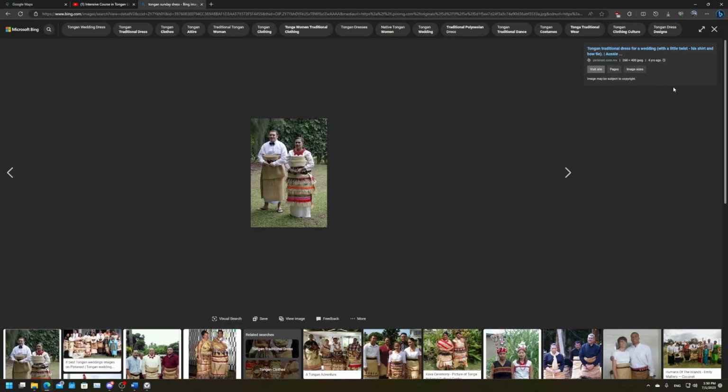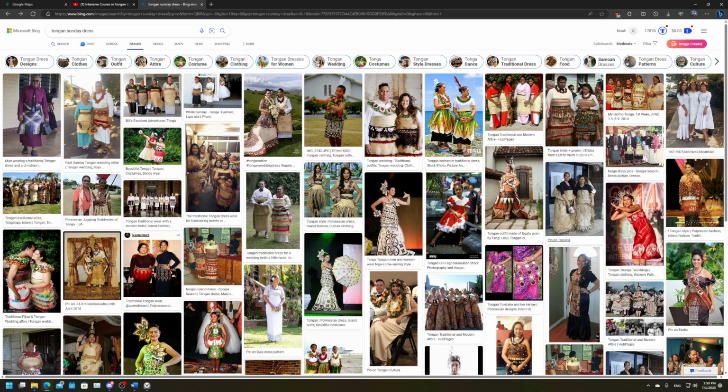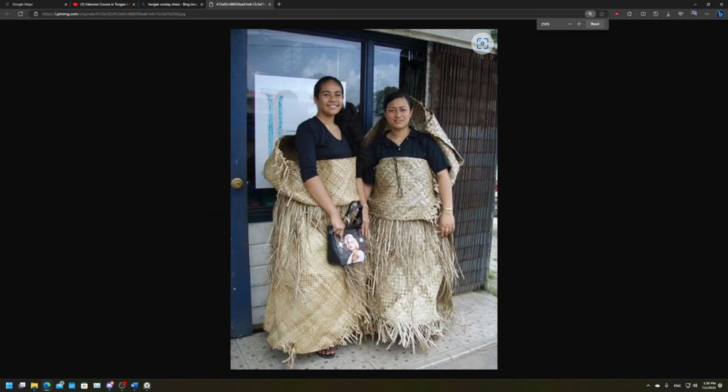There's another thing for funerals. Here we go, this is a good example. For funerals, the family of the deceased will wear very, very big tavalas. These are basically mats, and they will be torn and frayed.